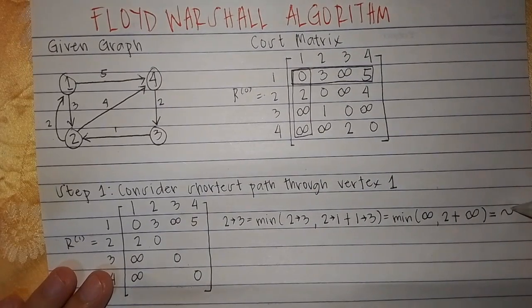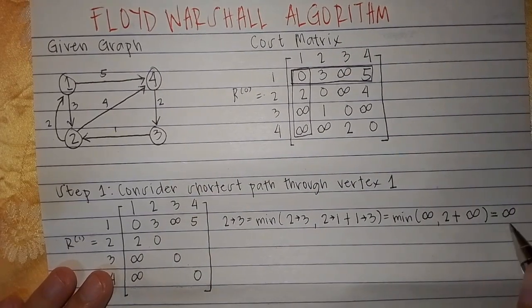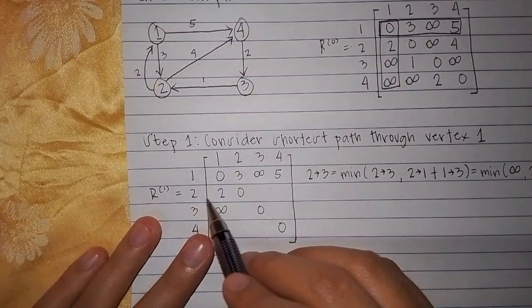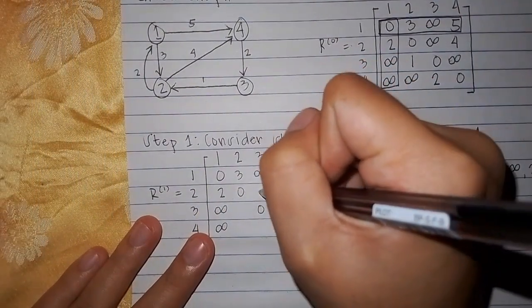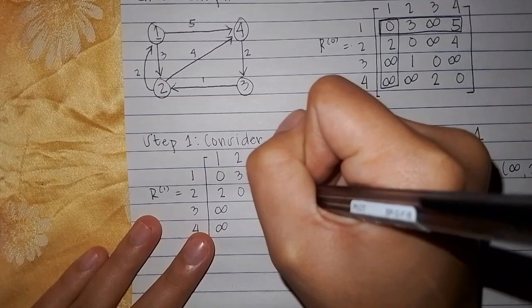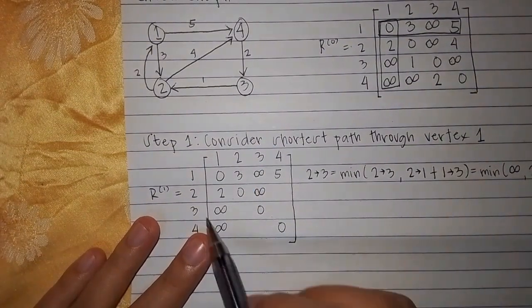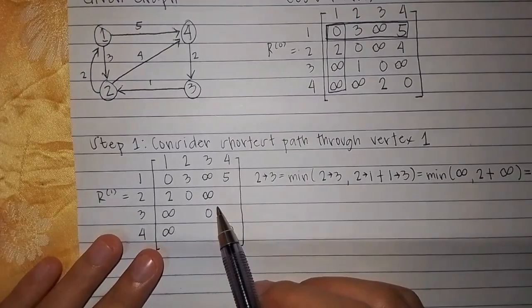So we will get this as infinite. So 2 to 3, the value was infinite. And next we are going to find 2 to 4.